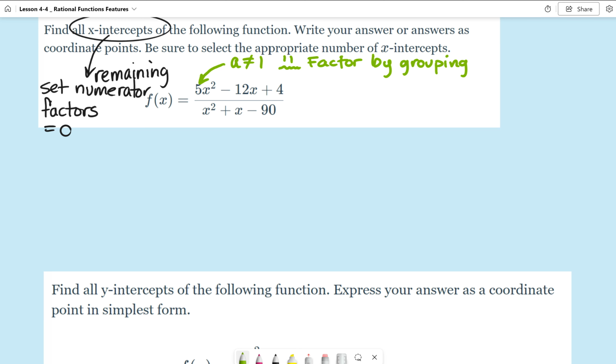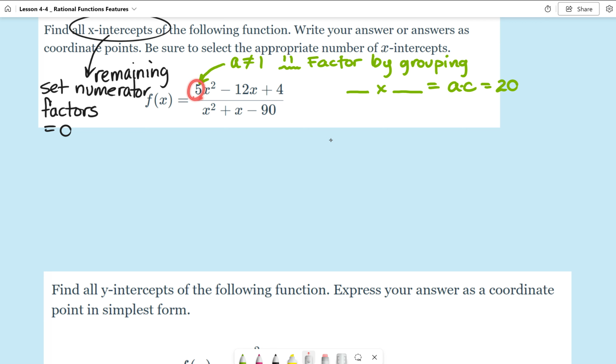if this still is a struggle. When a is not 1, I need you to ask what times what is equal to a times c. Your a in this problem is a 5, and your c in this problem is a 4. So a times c, 5 times 4, is a 20.